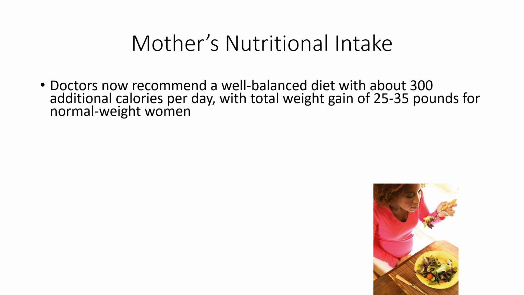Mother's nutritional intake is very important during pregnancy. Doctors recommend about 300 more calories a day once you get pregnant, and about 25 to 35 pounds of weight gain is normal. Some gain a little bit less, some gain a little bit more, but this is the normal average.